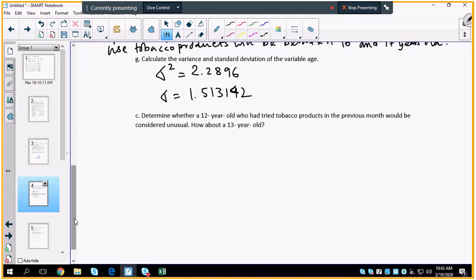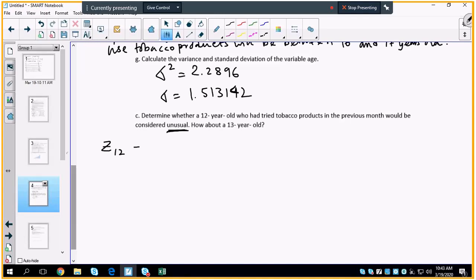Determine whether a 12-year-old who had tried tobacco products in the previous month would be considered unusual. How about a 13-year-old? When you read this word unusual, you are actually thinking about the empirical rule of understanding moderately unusual, unusual, outlier using the z-score method. So I'm going to find the z-score for 12 years old.